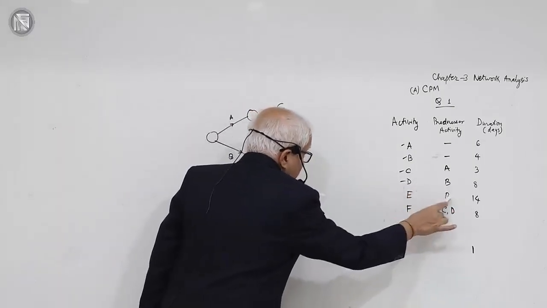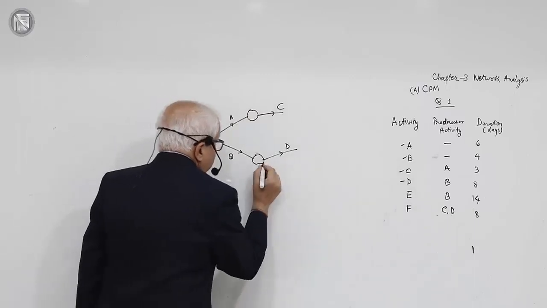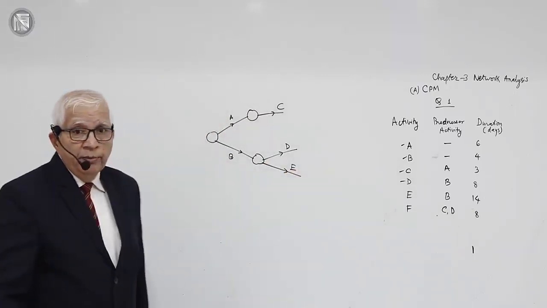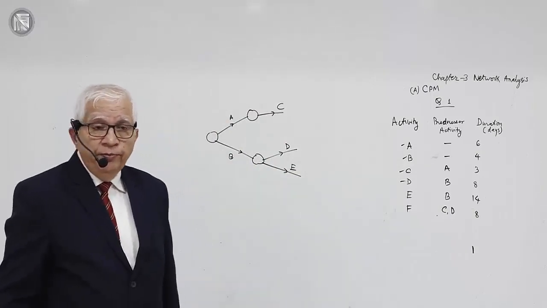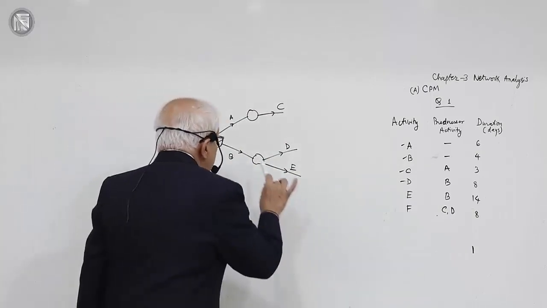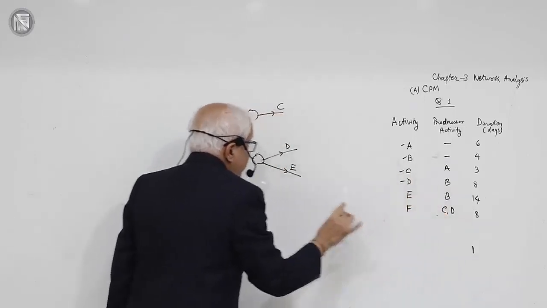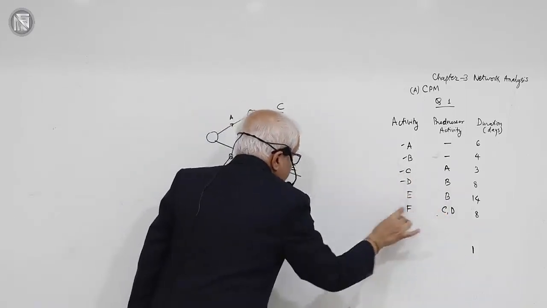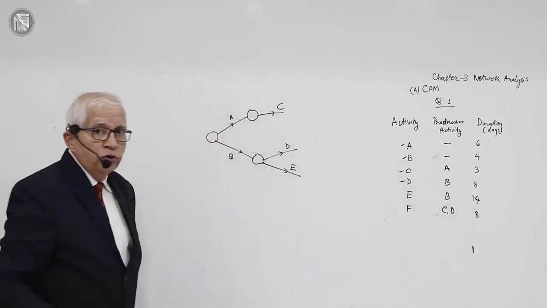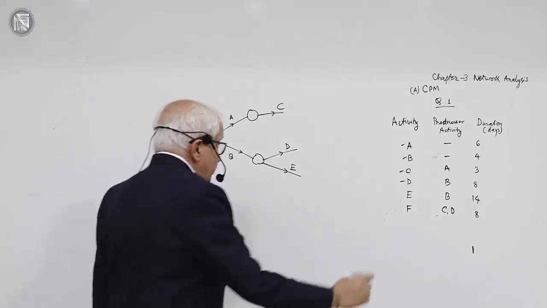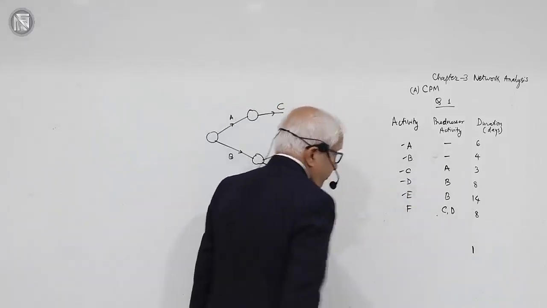B controls D, B controls E. Therefore, E also starts at the same time as completion of B is achieved. When is completion of B achieved? Completion of B is achieved here. As soon as B completion is achieved, D can start, E can start, and therefore both of them have started. Okay. Done. So I have drawn E.